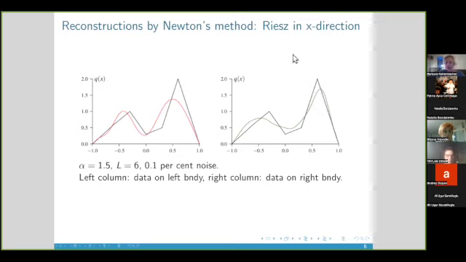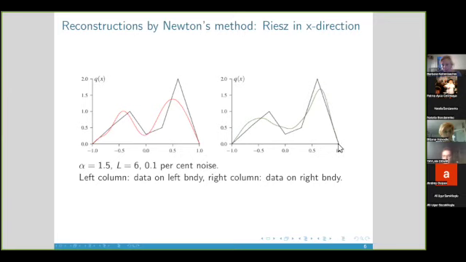Okay, now we take a symmetric derivative, still fractional in x direction, so the same direction where q of x depends. But what you see here, the difference between the left and right picture now really comes exclusively from where we measure. So we can always reconstruct the feature better that is closer to our measurement point.